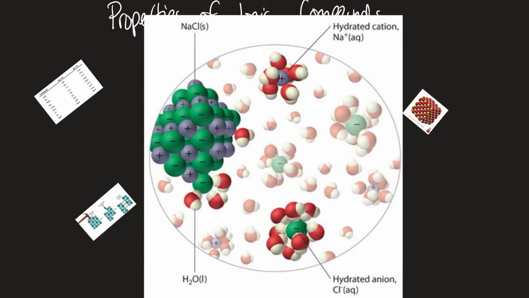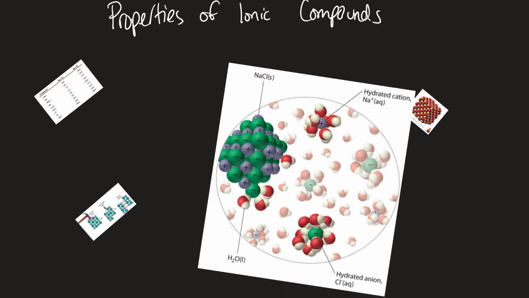There are quite a few ionic compounds that do not dissolve due to this difference in attractive forces. So when we're looking at physical properties, many of them dissolve. Some don't, but many of them do.